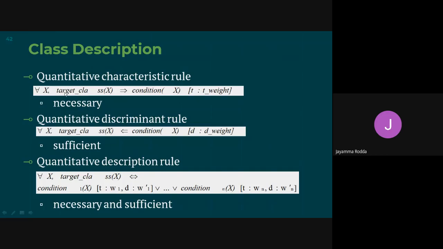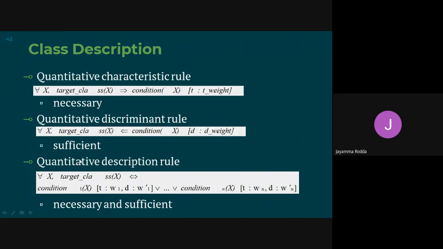Okay. There should be a target class and the condition for the target class, along with the T weight. This quantitative characteristics rule contains that, whereas the quantitative discriminant rule contains the target class along with the condition for the target class, but here we are going to have the D weight, not the T weight. And it is sufficient for the quantitative discriminant rule.